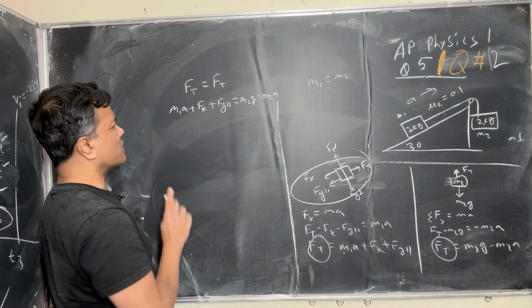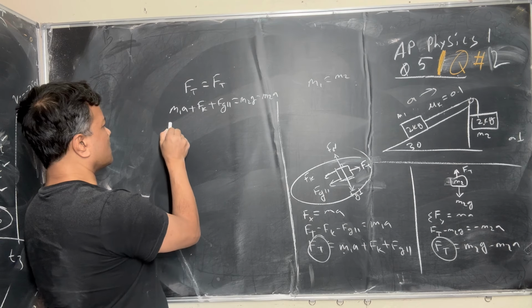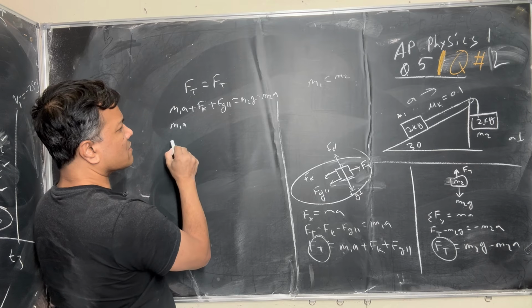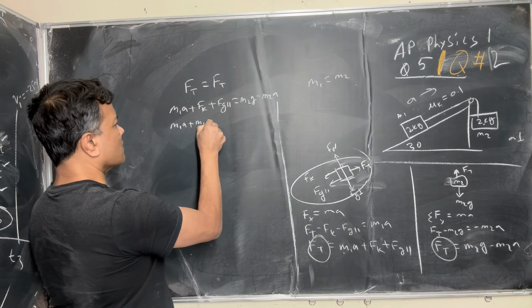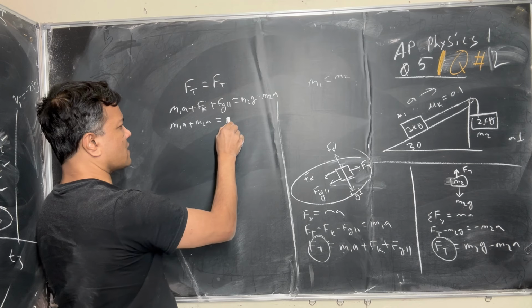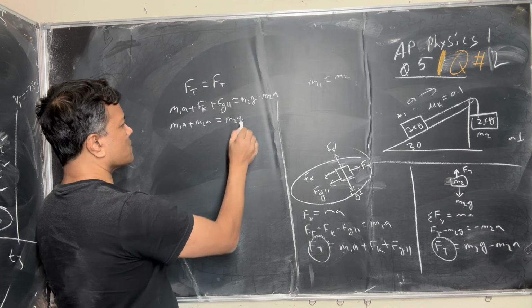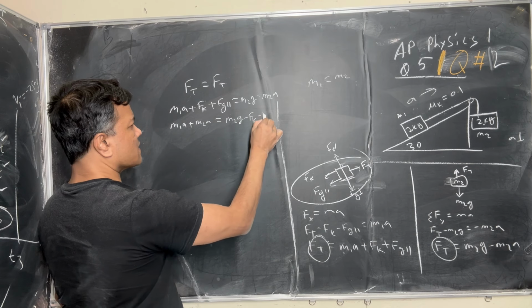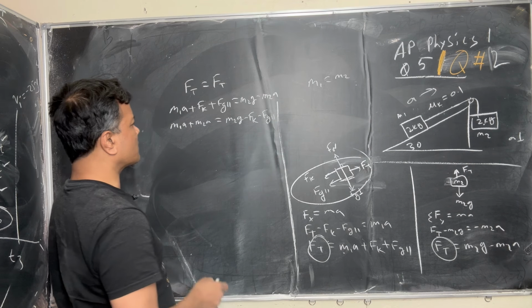Okay, great. We're going to have to isolate all the a's. m1a plus m2a is equal to, we're going to send everything to the other side, m2g minus fk minus fg parallel. Okay, great.